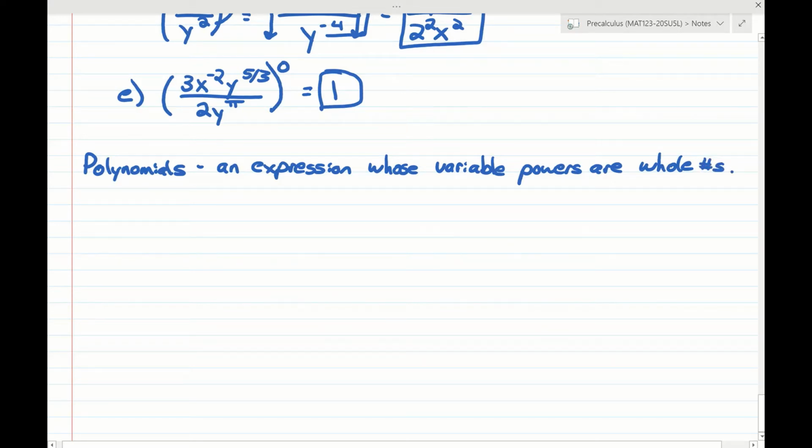And poly usually means multi. Nomial means term. So just so you know, kind of the word we're talking about, that's where the meaning comes from.